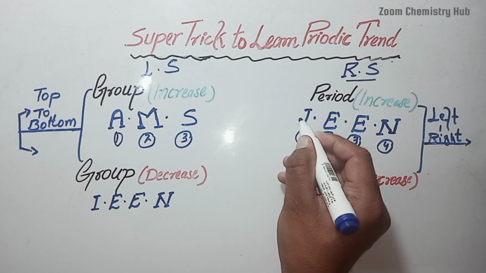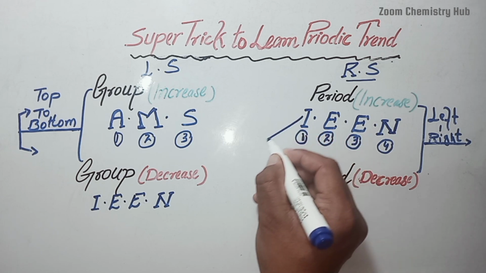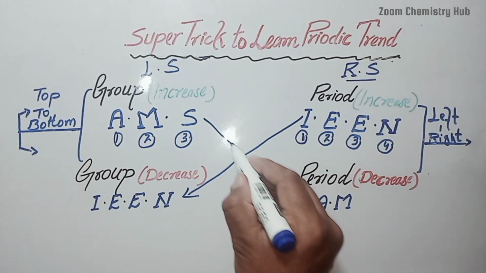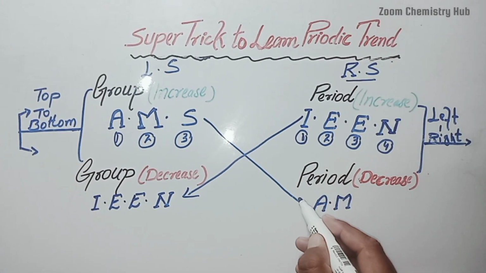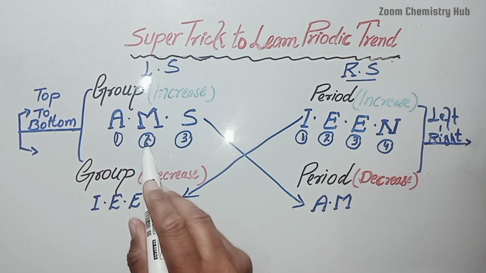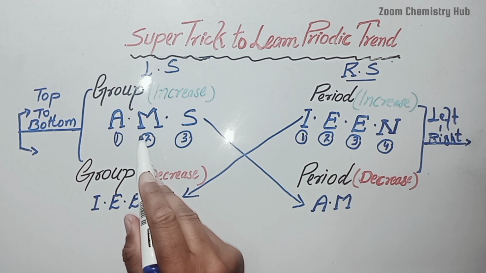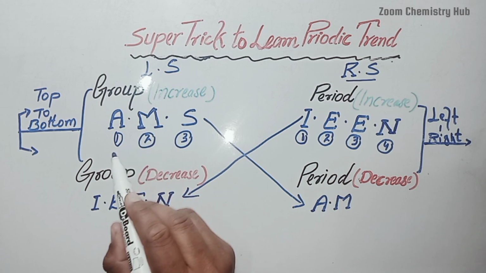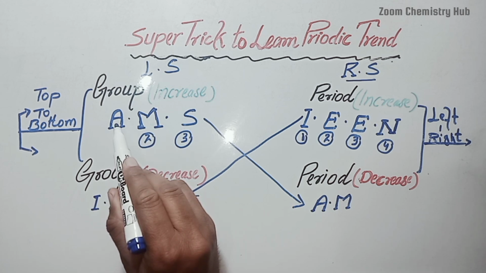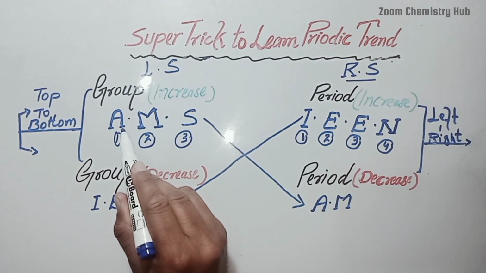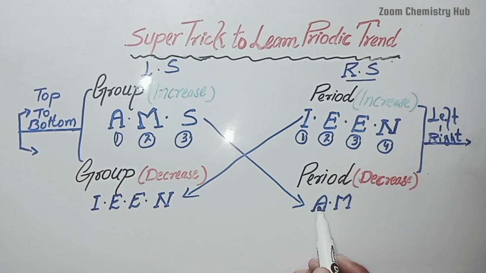When we cross period to the group and group to the period, we understand all the properties, all the periodicity of the properties, or the periodic trend, that is atomic radius increases in the group while atomic radius decreases in the period.